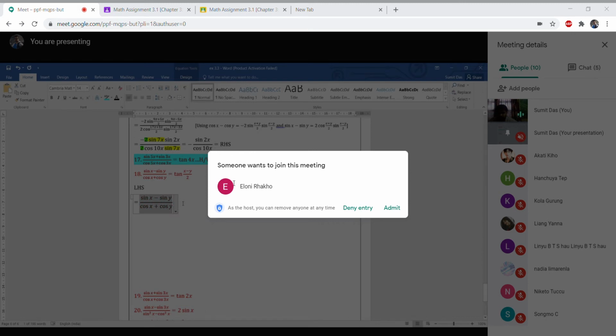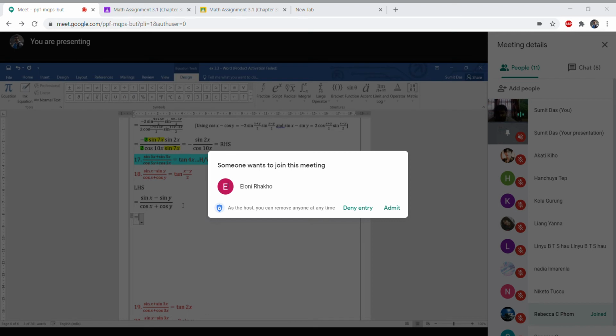Here also you can see we have to use the same thing. We have to use the formula for sin x minus sin y divided by cos x plus cos y. We can use the sin x minus sin y formula, the same formula we used here.